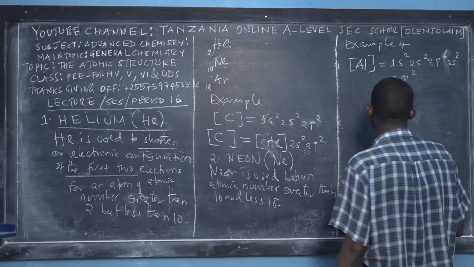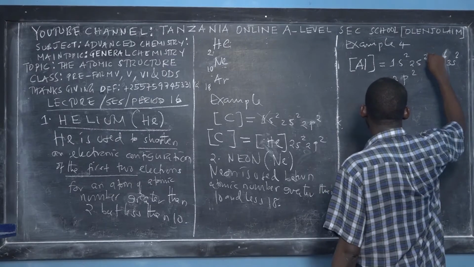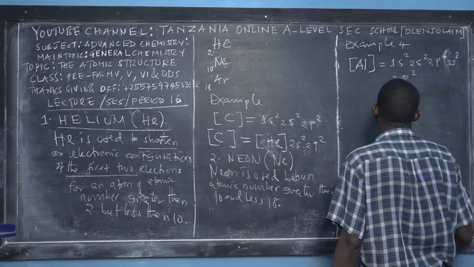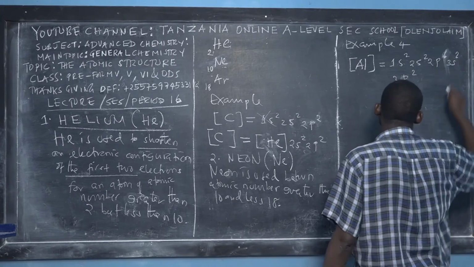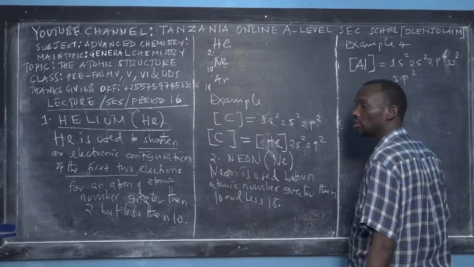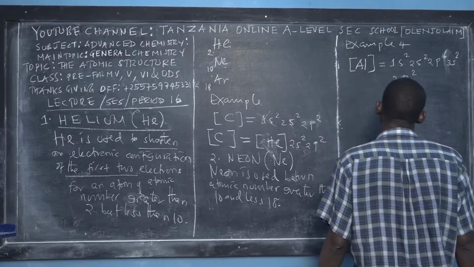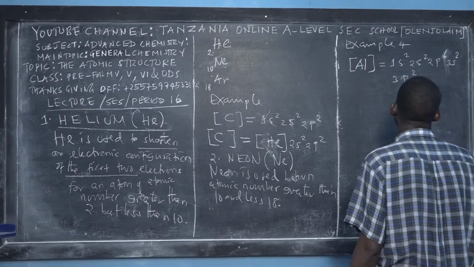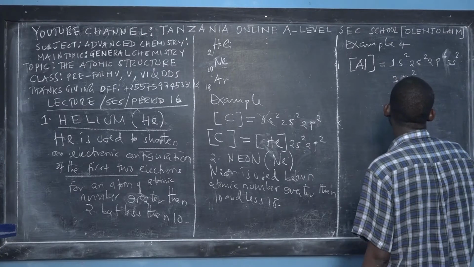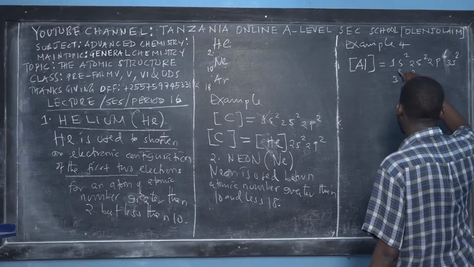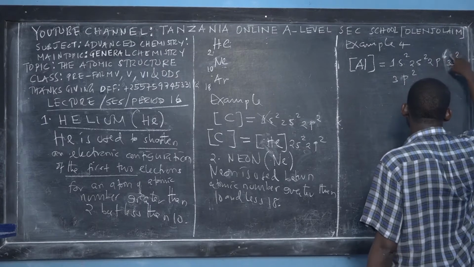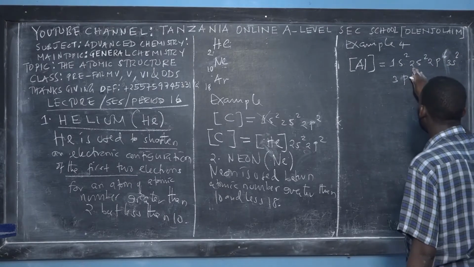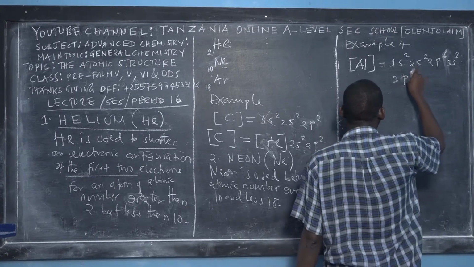But examine: 2 plus 2 plus 6 plus 2 is 12, plus 1 electron.